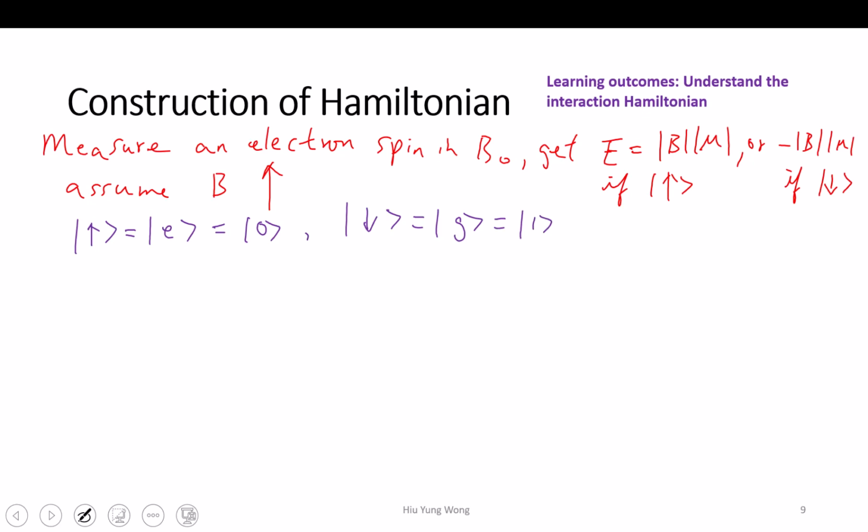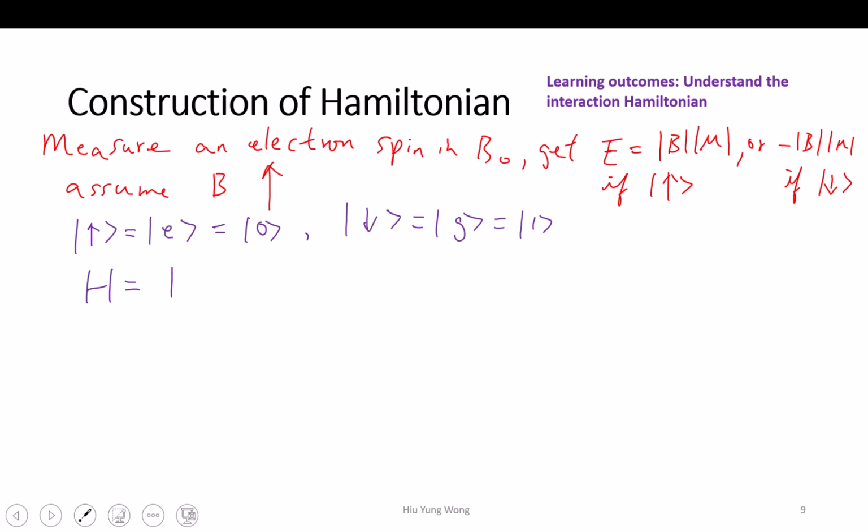So because of this, the Hamiltonian is going to be the eigenvalue times the outer product of its basis state, right? So here I measure either this value or this value. These are the eigenvalues of the operator corresponding to this Hamiltonian, right?